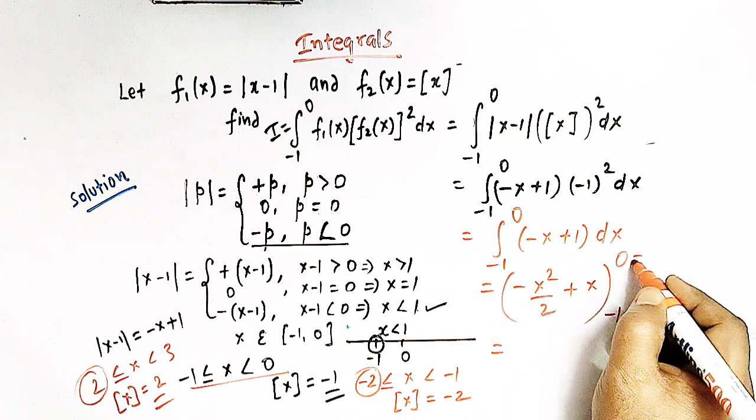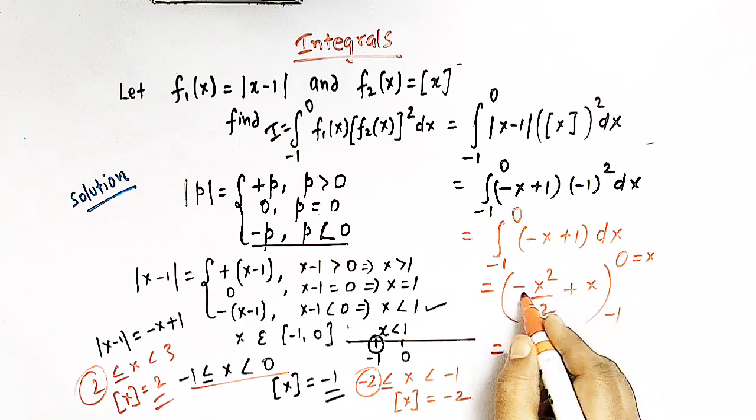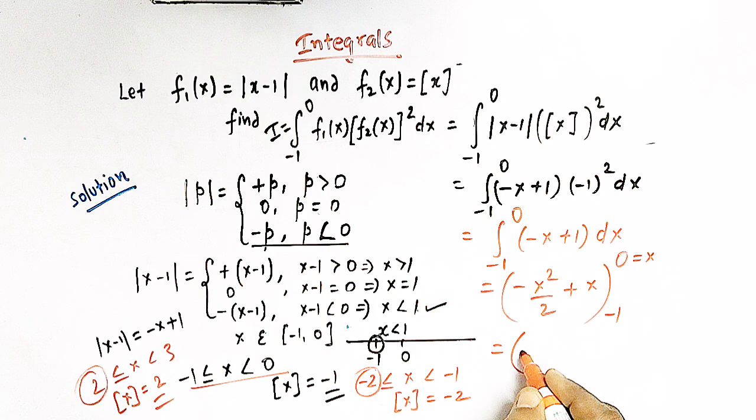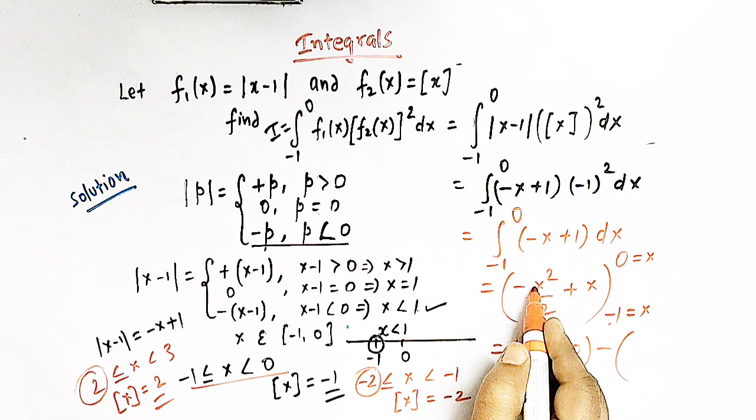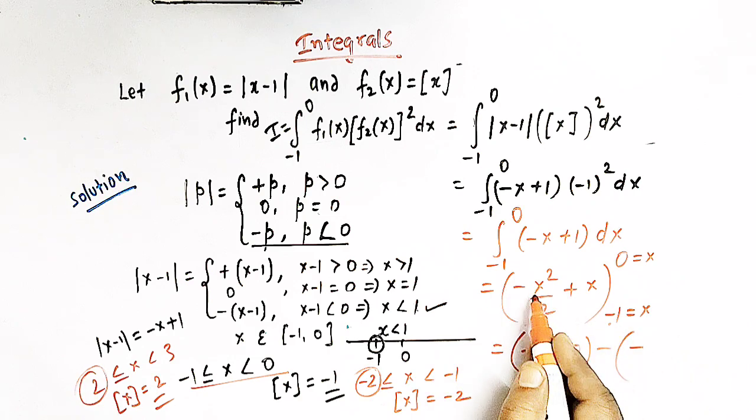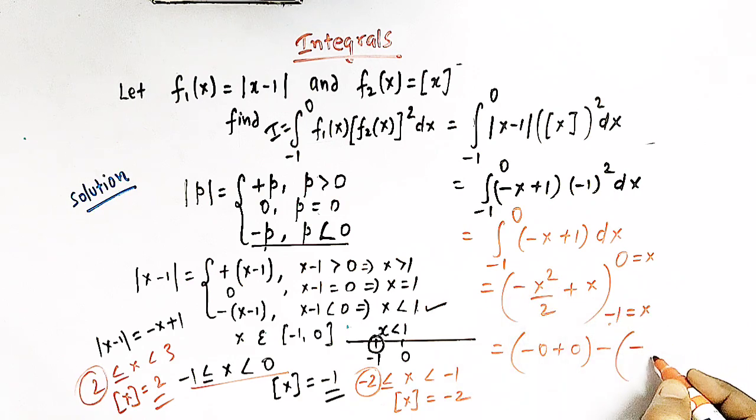So when x is equal to 0, both these terms are 0 here, and when we have x equal to -1, then (-1) squared is positive, so we have -1 over 2, and then here we have -1, right?